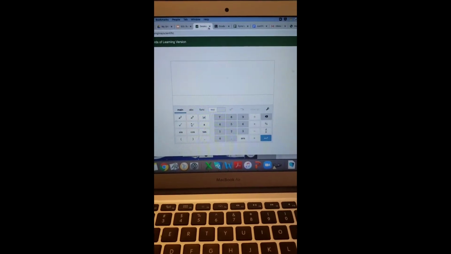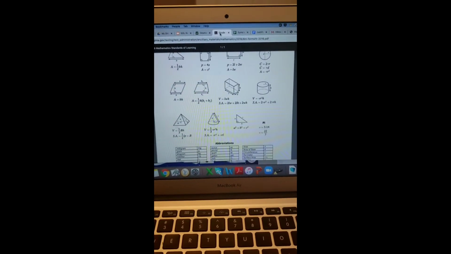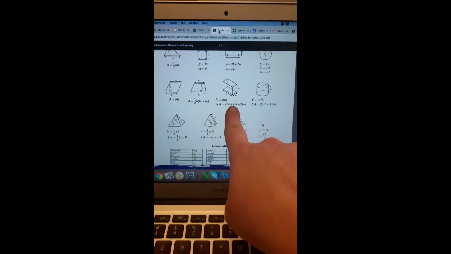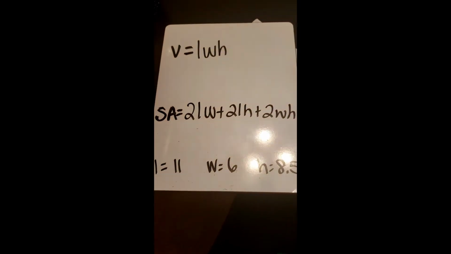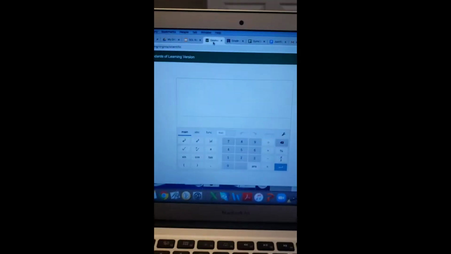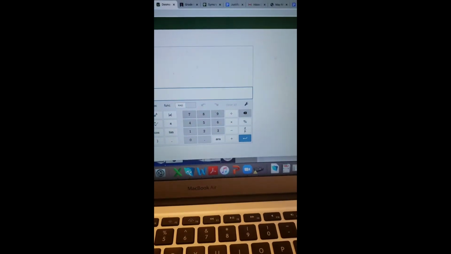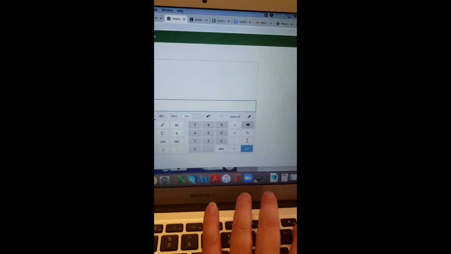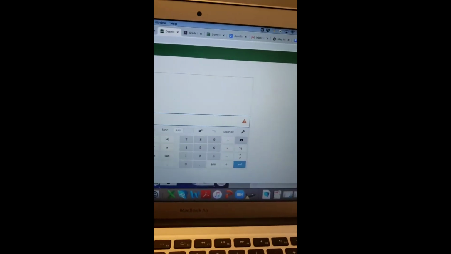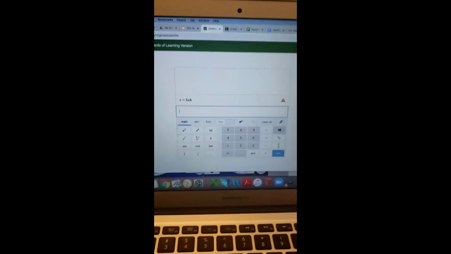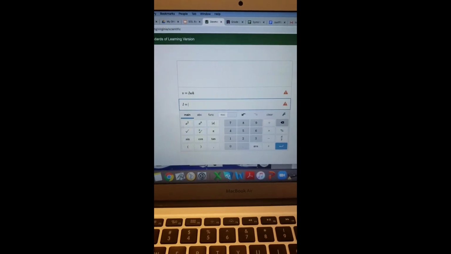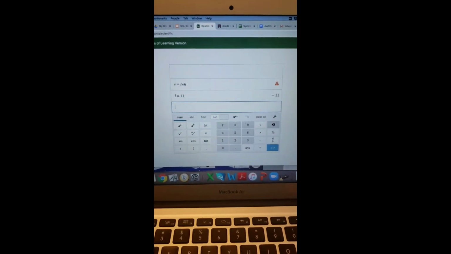So I've got my Desmos up, I've got my formula sheet, which we're working with rectangular prism. So here's our volume and our surface area. I wrote them down for myself, so as I'm typing these, I can kind of look over. And remember, this is what we're doing. So I'm gonna say volume equals length times width times height. Enter. Length equals, back to my problem, 11.